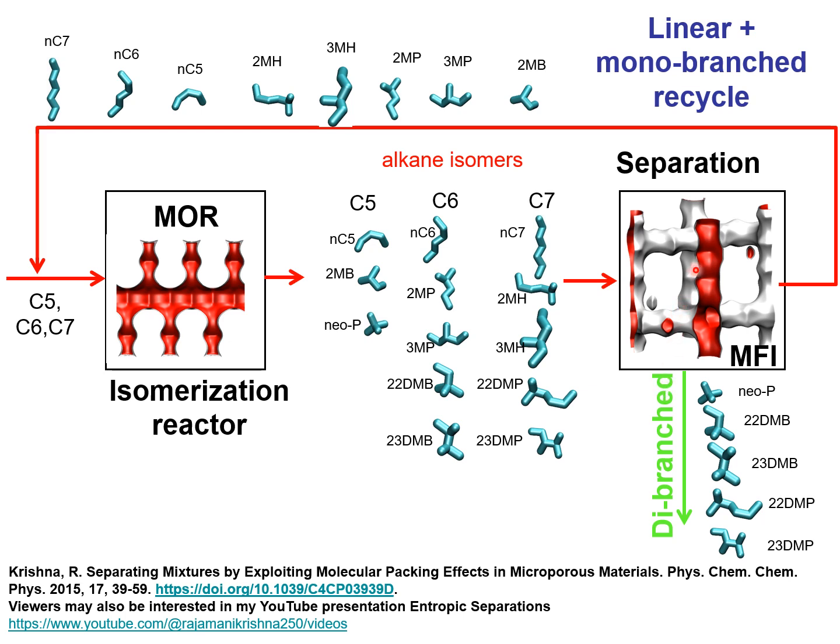And the advantage of using the MFI adsorbent is that we can separate the di-branched isomers from the linear isomers and monobranched isomers, and the linear and monobranched isomers can be recycled back to the isomerization reactor, whereas the di-branched isomers that have significantly higher research octane numbers can be directed and incorporated into the gasoline pool.